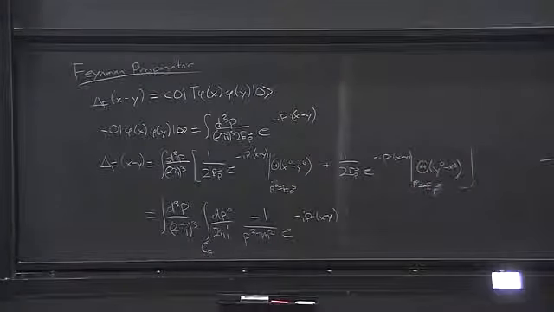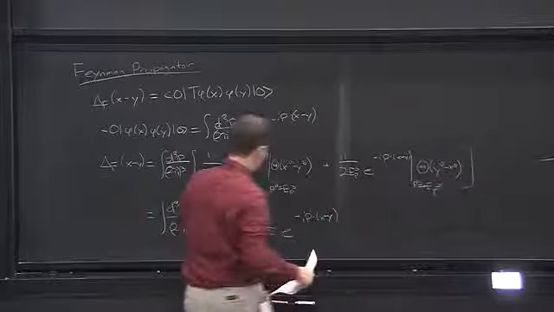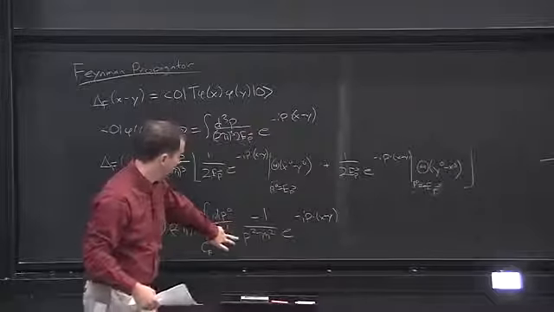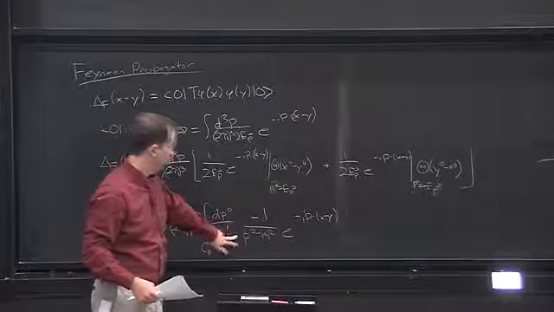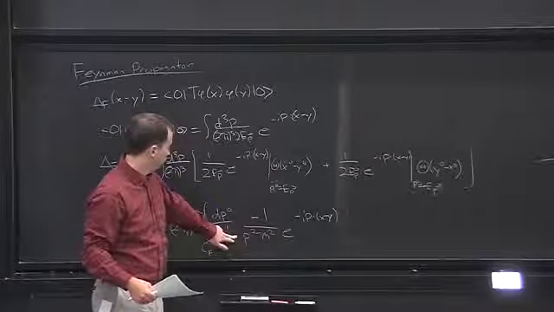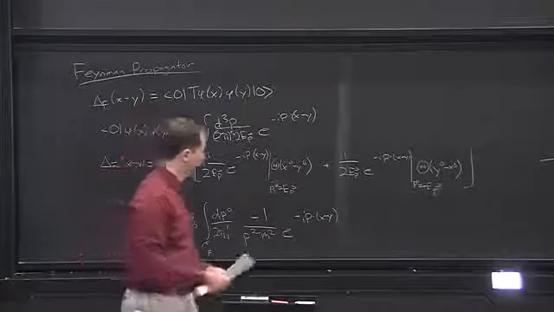We've got the real part of p naught and the imaginary part of p naught. This integrand in the last line has two poles, at p naught equals E_p and p naught equals minus E_p.